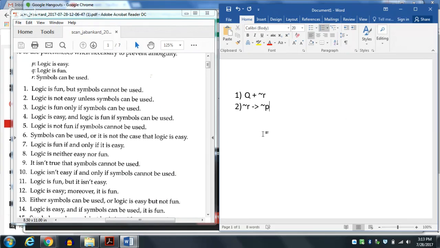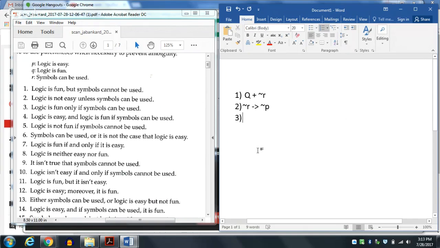Or to say it differently, if I'm able to use symbols, then logic would be easy. If I can't use symbols, then logic is not easy. So if symbols cannot be used, then logic is not easy. It's only easy if symbols can be used.